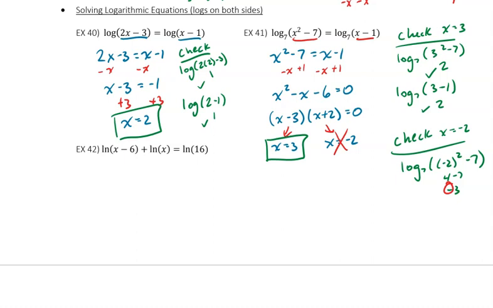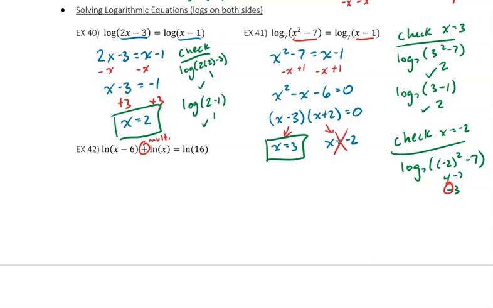All right, last one. Again, log on both sides, but that left side has multiple logs. So our first step is we need to go ahead and condense that. So remember, if we have a plus, that meant we're going to multiply inside of one log.